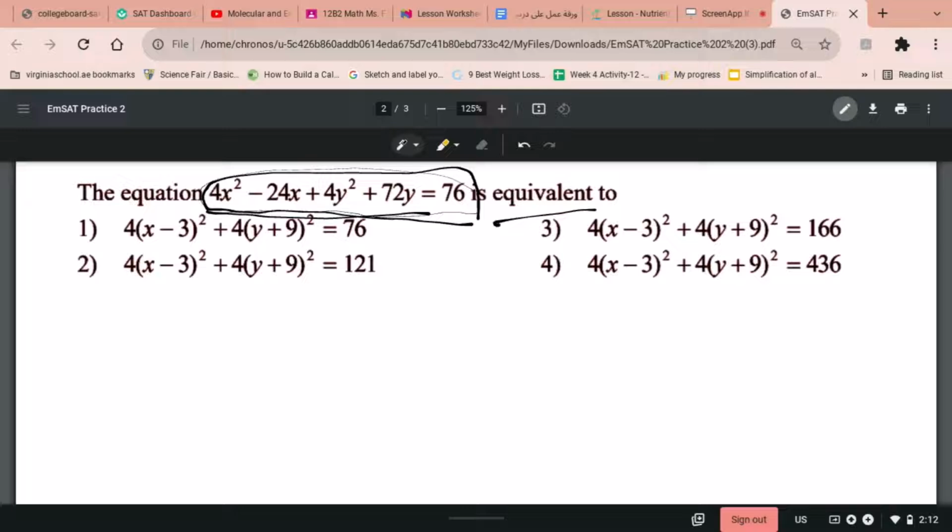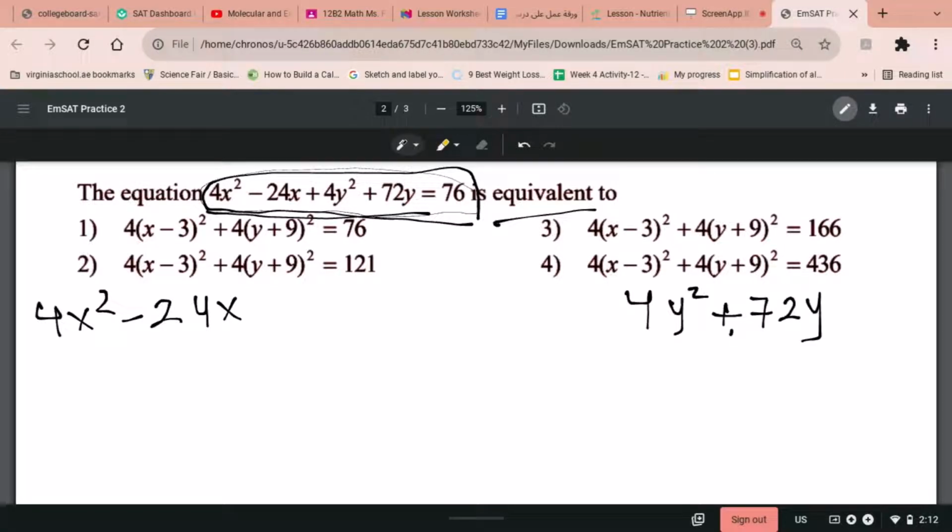Then we make 2 expressions. The first expression is 4x squared minus 24x, and the second expression is 4y squared plus 72y.